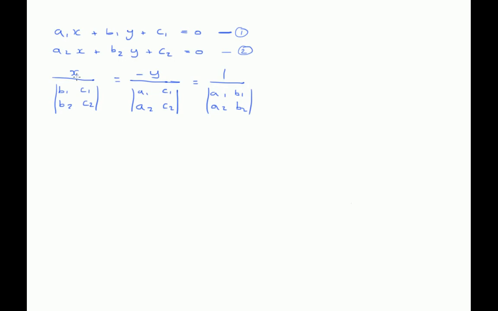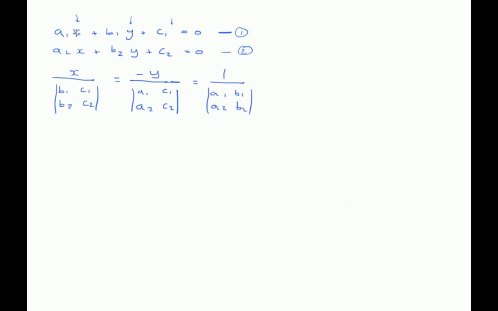At the end of the last video we came up with x over this determinant equals minus y over this determinant, which equals 1 over this determinant.